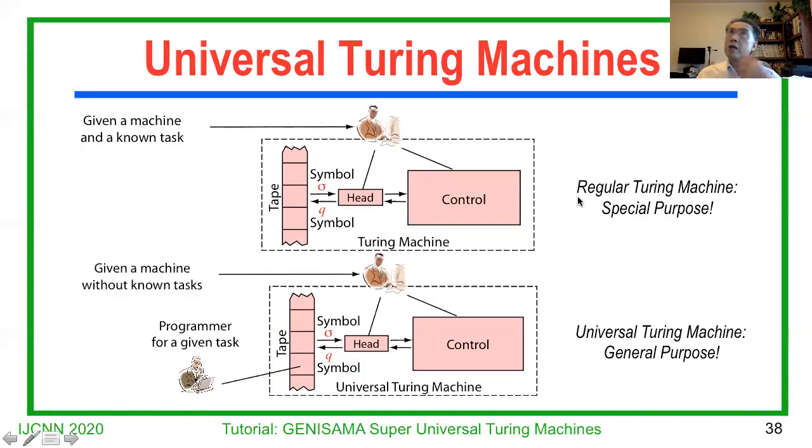Now, what is a universal Turing machine? Why is it exciting? It's universal because it is still the same Turing machine. The only difference is that what you put on the tape is not just data for the task. If you have a task built in, it becomes special purpose.